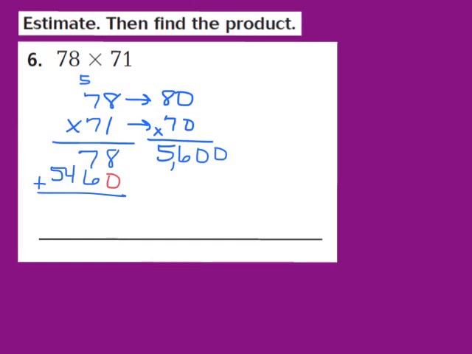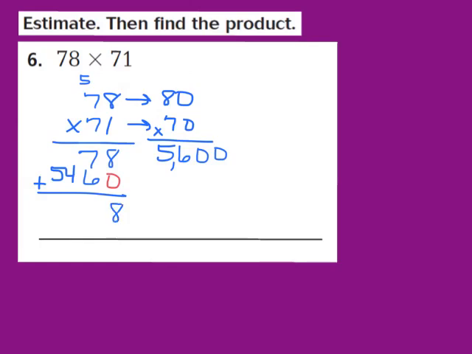Now, my next step is to add the partial products. Now remember, when I'm adding the partial products, what that means is the first one, which is 78, just represents the 78 being multiplied by the 1. The second partial product represents the 78 being multiplied by 70. So we're going to go ahead and add the partial products. I know that 8 plus 0 is going to give me 8.